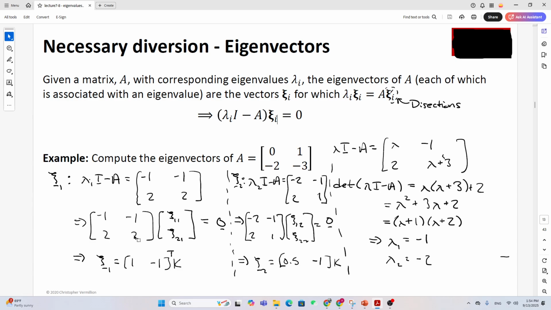By doing the calculation, you get your eigenvector 1, which is 1, -1. As you can see, it involves two different states, x1 and x2, all together.